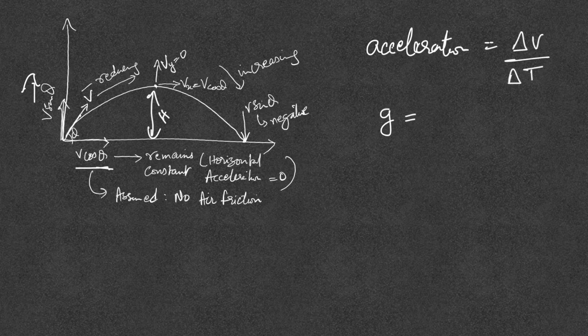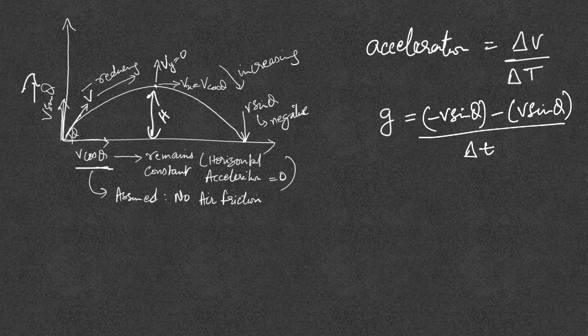And if you look at the delta v, this is negative because it's in the opposite direction. Final velocity minus initial velocity, right? So we have minus v sine theta, which is the final velocity, minus the initial velocity, that is v sine theta, upon time. Okay, delta t. So let me take delta t this side, and what you have is minus 2v sine theta upon g.